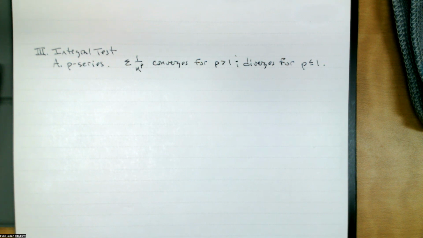So the integral test is giving us this very important conclusion. We don't see the import of this conclusion. So this gives us some series that we can recognize as converging or diverging just by looking at them.